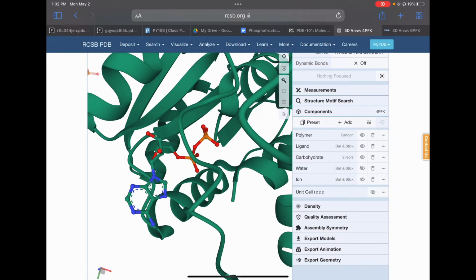ATP is shown here currently bound to the allosteric site, but AMP, the allosteric activator, can also bind to the allosteric or regulatory site to facilitate the formation of the R state. AMP gets rid of ATP's inhibitory effect because AMP signals that more ATP needs to be made.